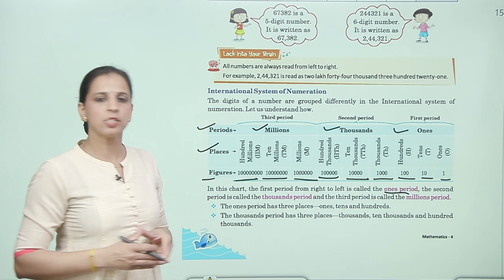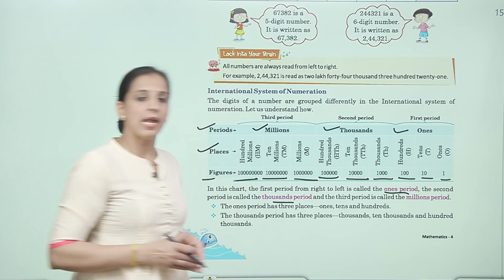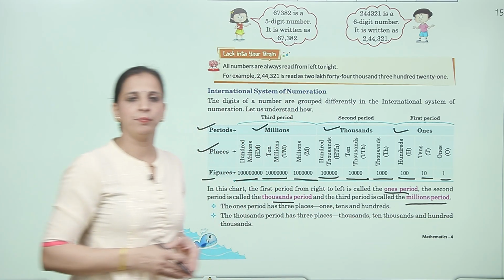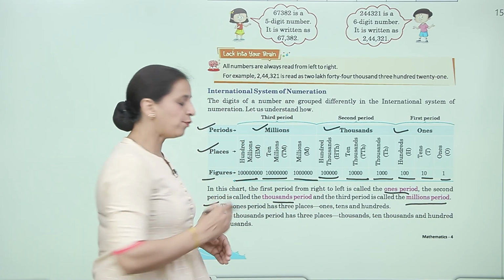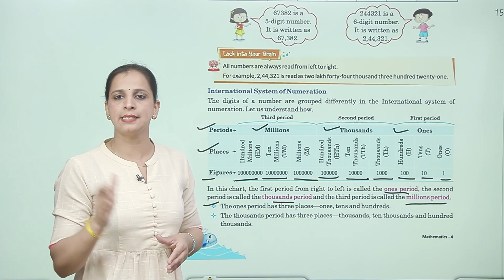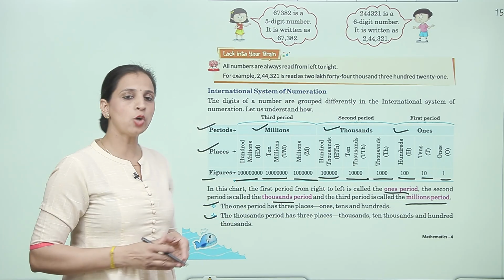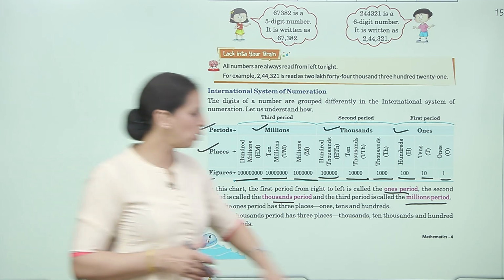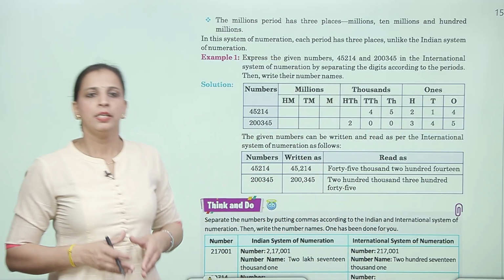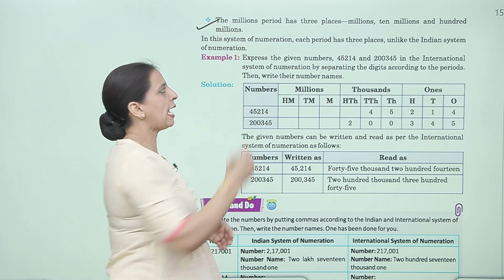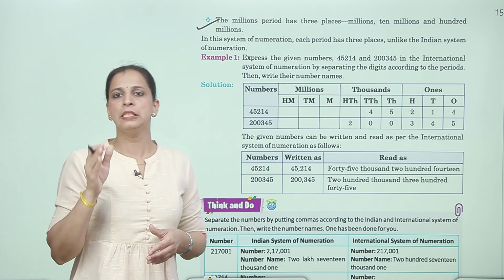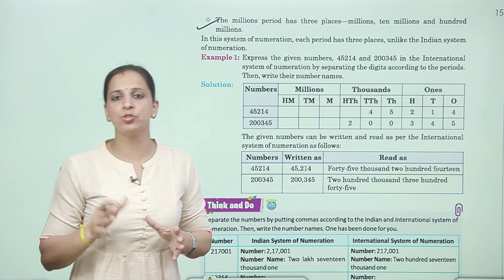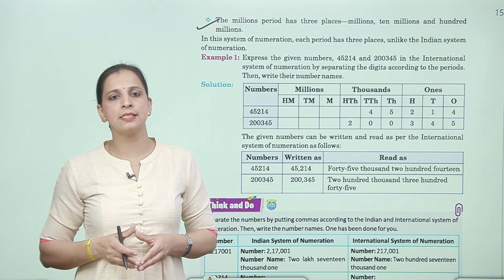The second period is called the thousands period and the third period is called the millions period. Now, first, the ones period has three places, ones, tens and hundreds. Next, the thousands period has three places, 1,000, 10,000 and 100,000. Next, the millions period has three places, million, 10 million and 100 million. In this system of numeration, each period has three places, unlike the Indian system of numeration.